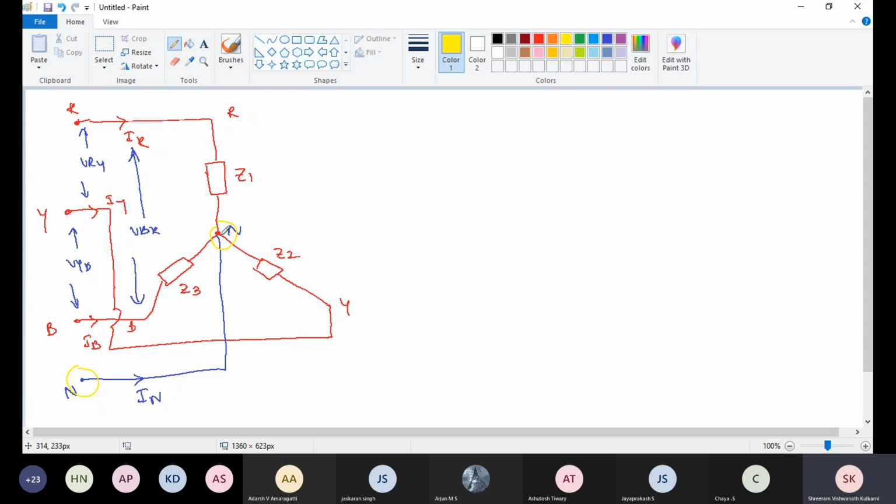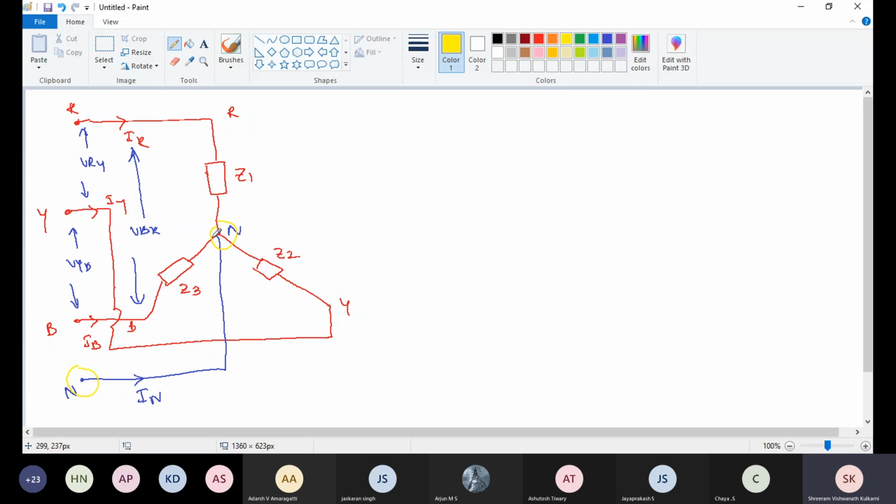If I connect this star connected neutral point to my supply neutral, then there is no voltage difference between them. It means the voltage between the neutral point of my star connected load and the neutral point of my supply is 0.